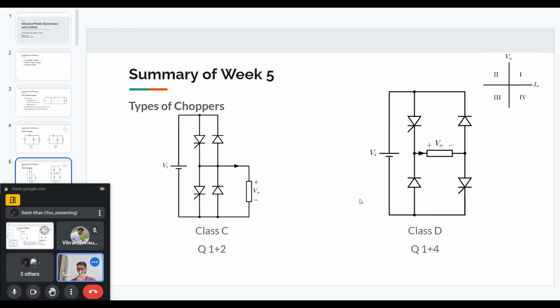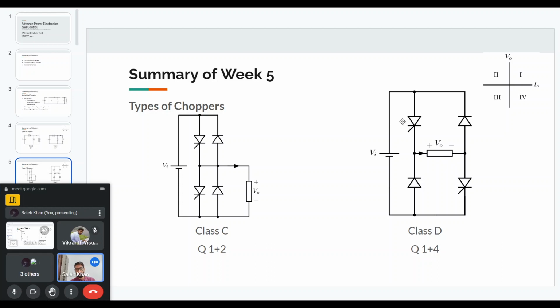For class D chopper, here the voltage can be negative. The current is always positive, but the voltage can be negative. You can see the current will always be in this direction, because if the two thyristors are on, then we will get plus Vin at the output.